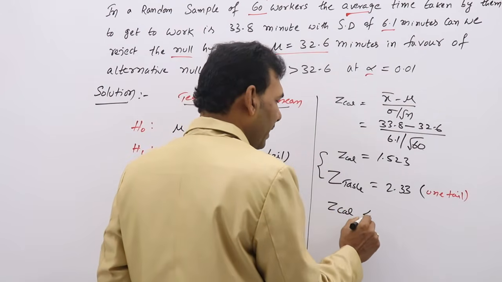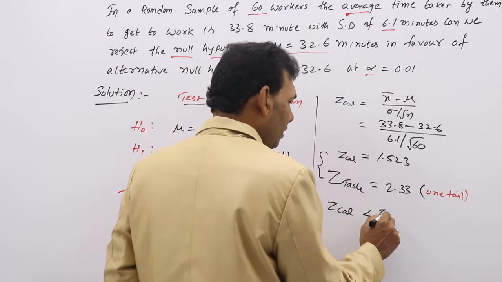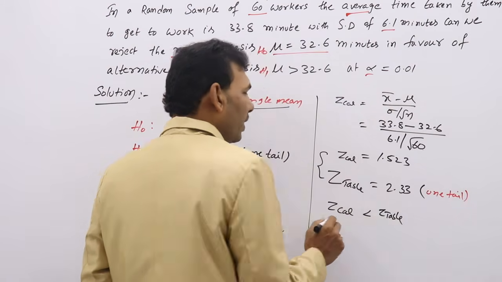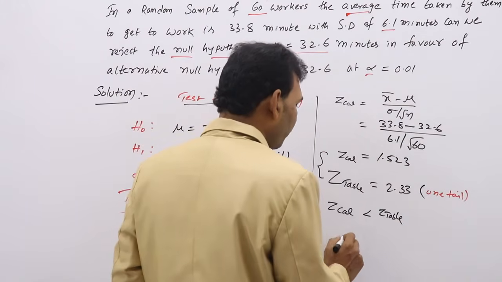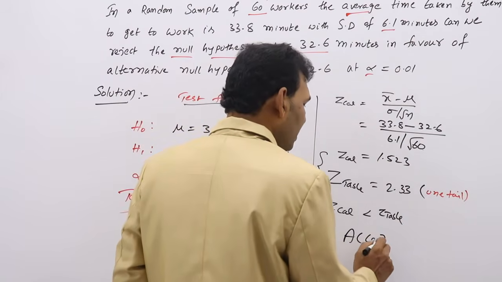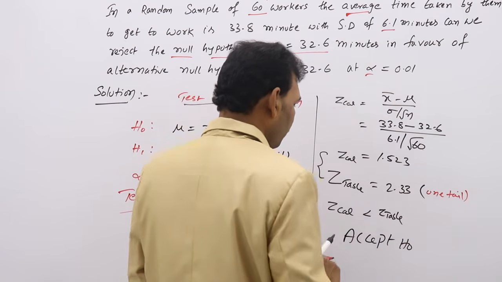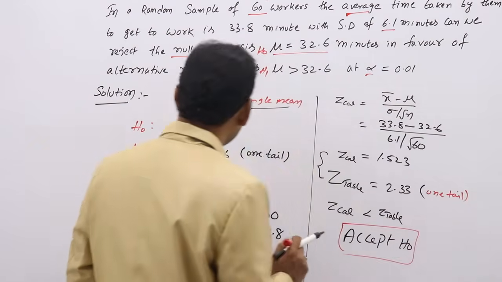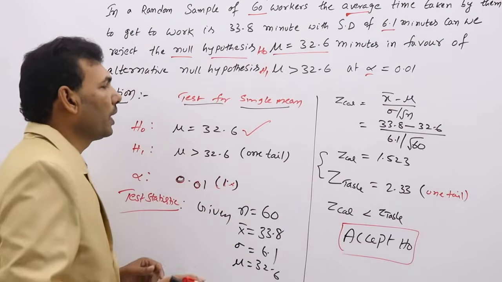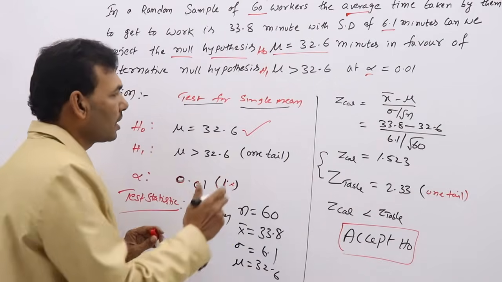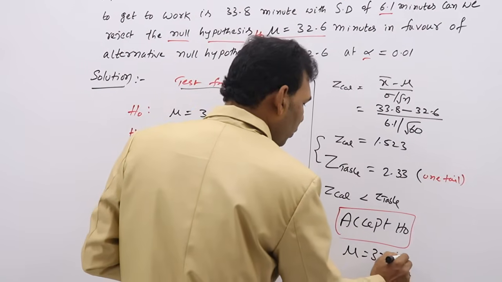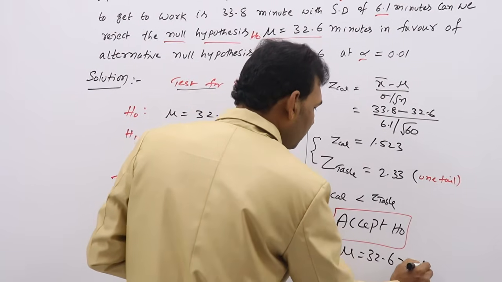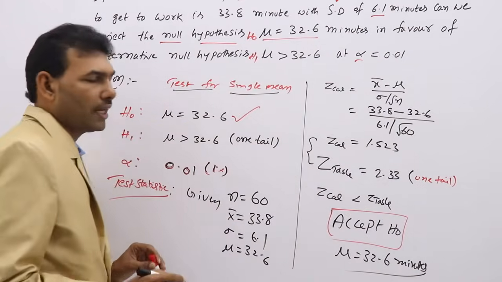Z calculated is less than Z table. When Z calculated value is less than Z table, we will accept H0. So this is acceptable. The answer is mu equal to 32.6 minutes. Accept H0.